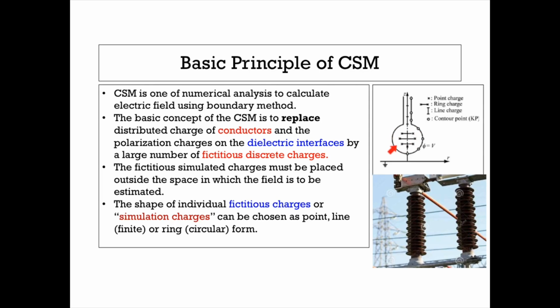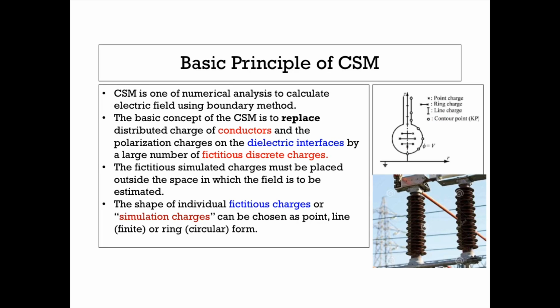Or here also you can notice that this spherical portion can be replaced by several rings with different diameters. There are 3 rings shown here representing the insulation in terms of these ring type charges.